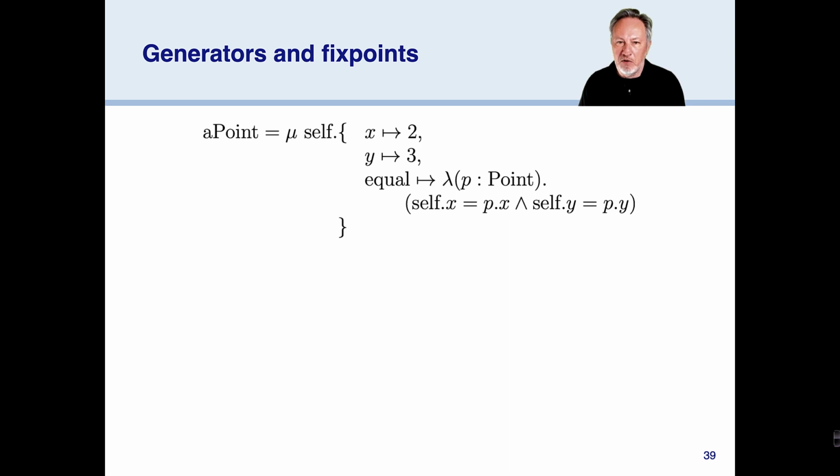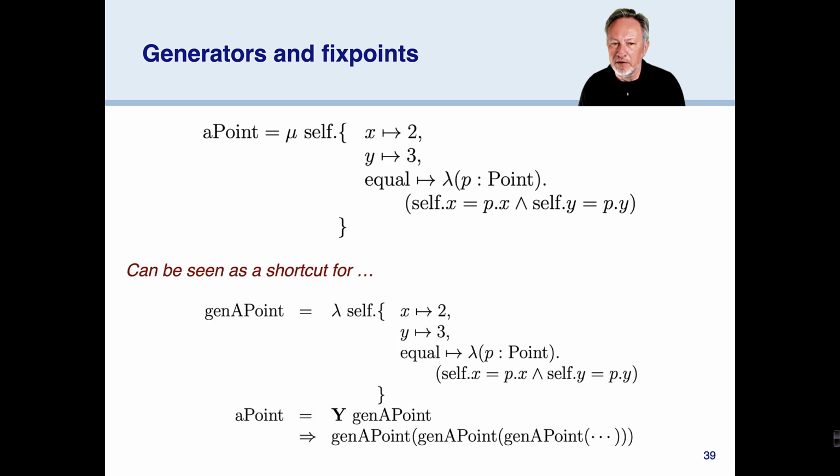Now let's have a look at the different ways that we can understand what subtyping is. First of all, let's take this example of a point, being defined recursively with this fixed point operator called mu. Another way of thinking about it, which is essentially equivalent, is that we're taking a fixed point of a generator.